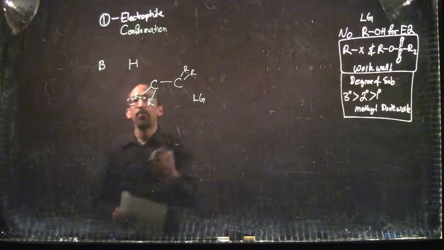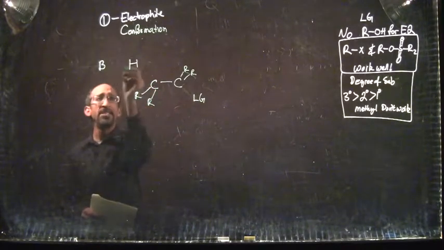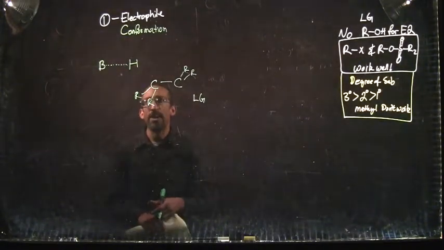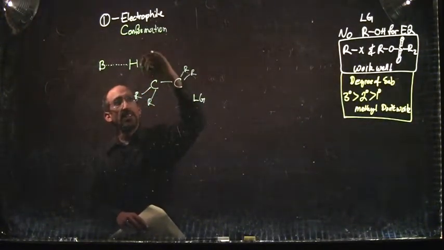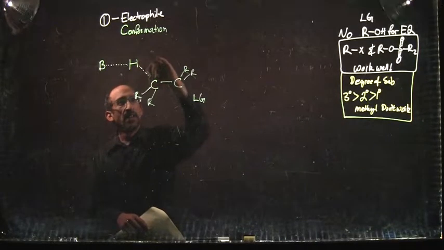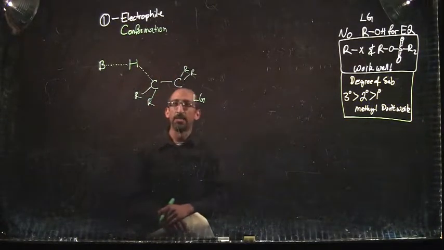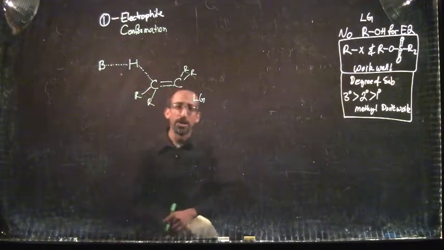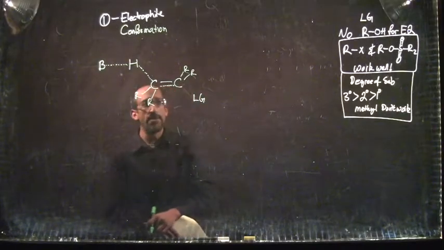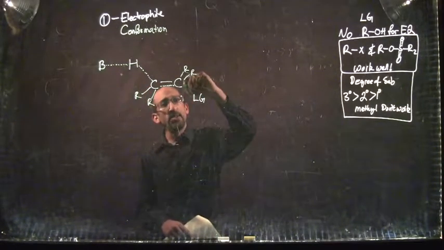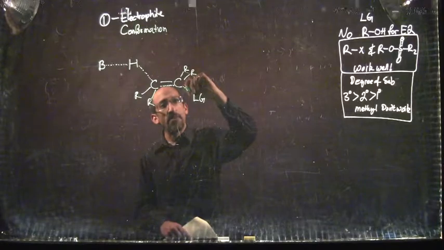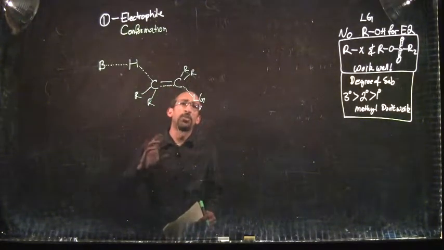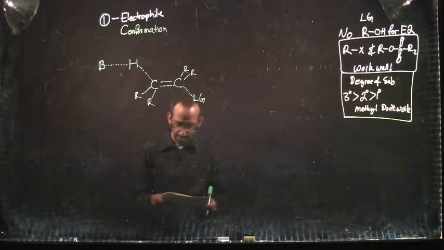Now, what's happening during this reaction? Well, the base is beginning to form a bond to our beta hydrogen. The bond between the beta hydrogen and the beta carbon is beginning to break. The pi bond is beginning to develop between our alpha carbon and our beta carbon. And the bond between our alpha carbon and the leaving group is beginning to break. So let's think about what sorts of partial charges are starting to develop in this system.